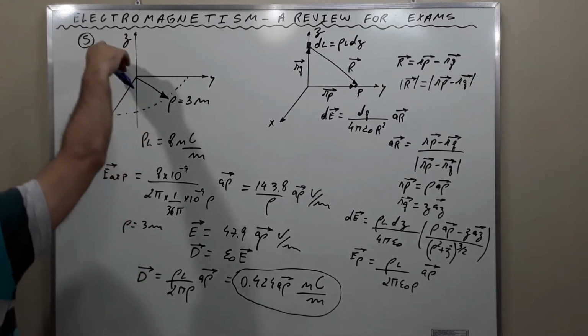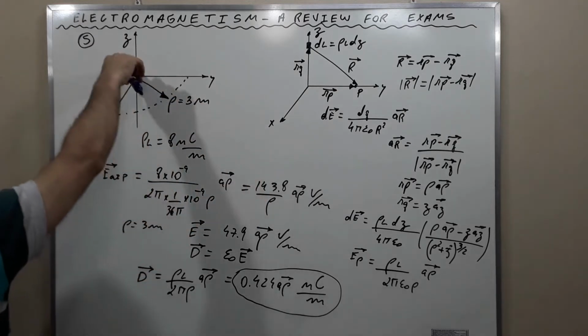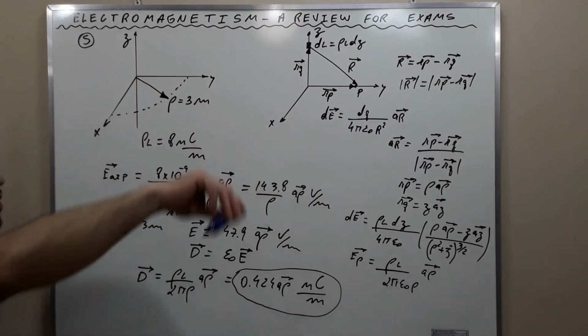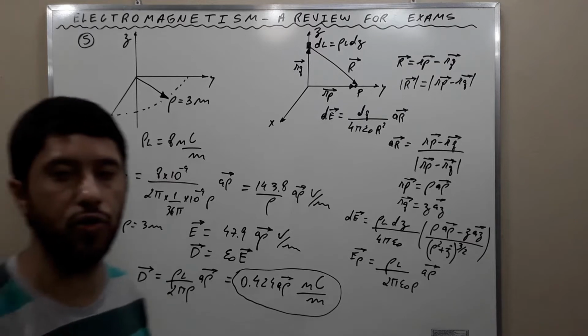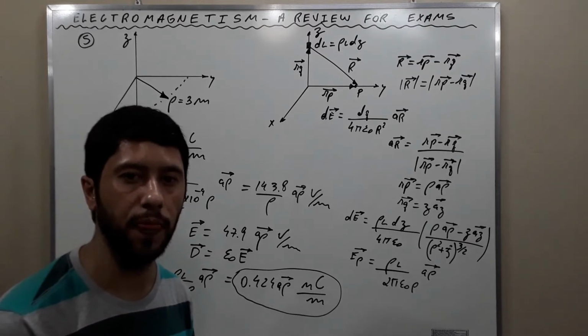The a rho direction is this direction here that goes away, pointing away from the charge. Alright? This is all for exercise 5. Let's go to exercise 6 now.